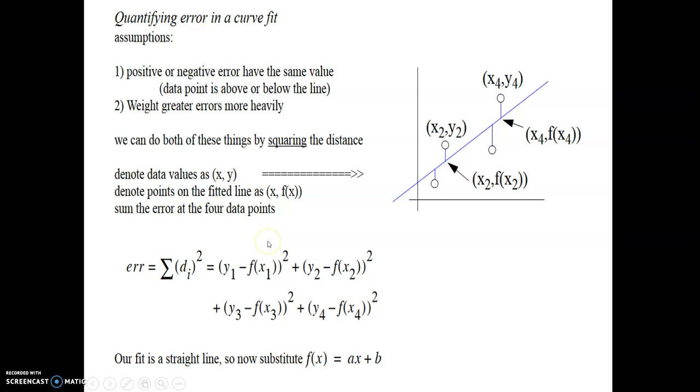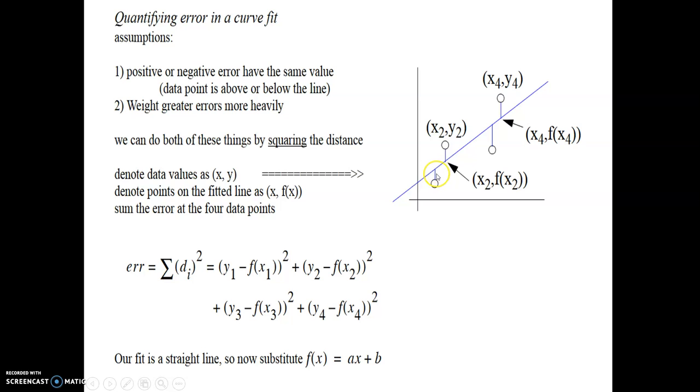Now what you have to do is that you have to sum the error of the 4 data points and square it. You can see, the squaring is individual squaring. If you consider the first point, y1 is the data point, y1 minus f(x1). f(x1) is the point on the line, so this is nothing but the error.